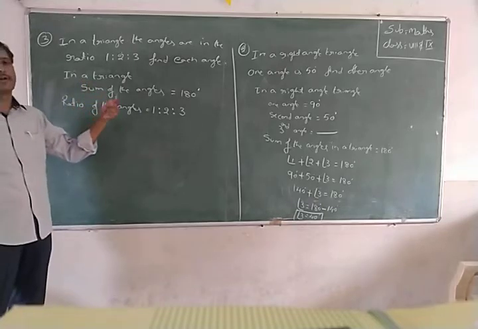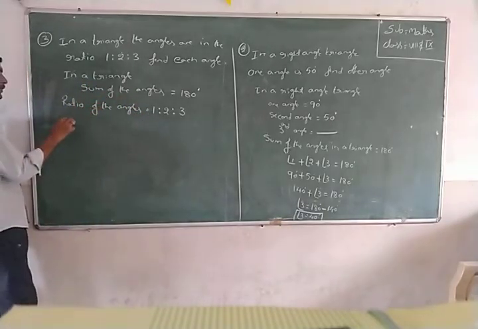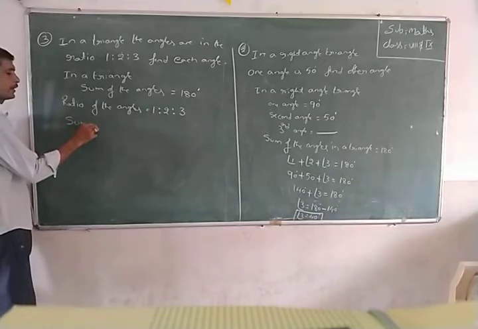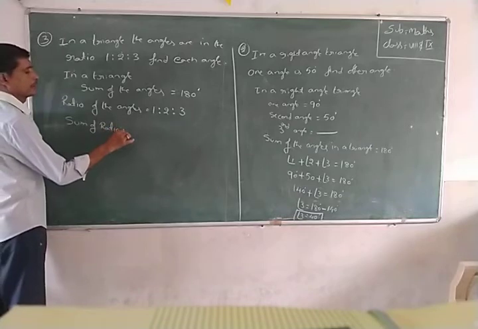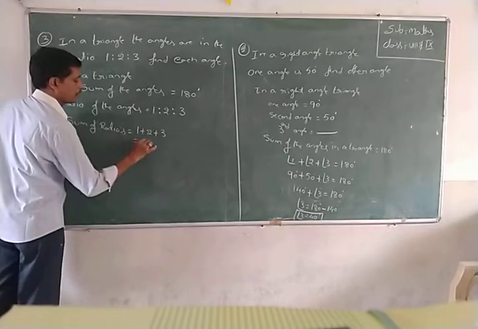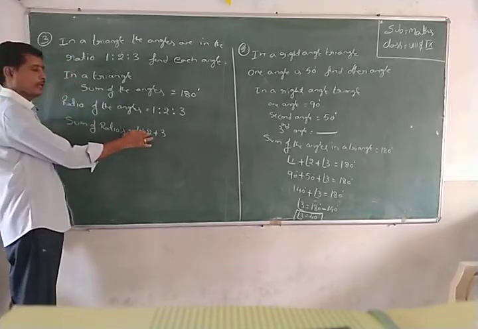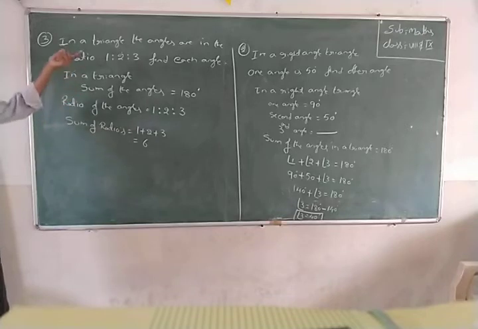This problem can be done by different methods, two or three methods. First find the sum of the ratios, that equals 1 plus 2 plus 3, that is 3, 3 plus 3, that equals 6.